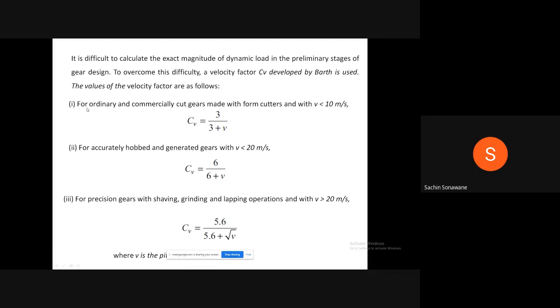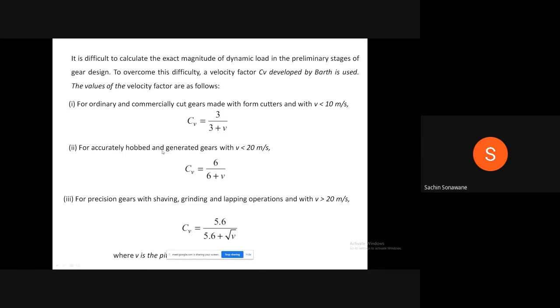First, for ordinary and commercially cut gears made with form cutters and with V less than 10 meter per second, where V means pitch line velocity or surface velocity, Cv is equal to 3 divided by 3 plus V. This formula is generally given in the problem. No need to remember this.